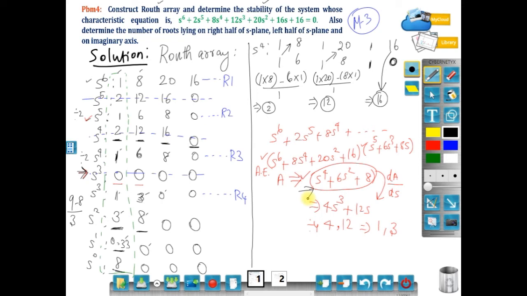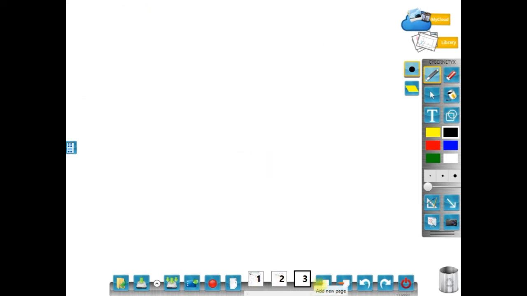Then the very next step is the auxiliary equation, that is S power 4 plus 6 S square plus 8 equal to 0. We need to solve this equation. In order to solve it, I'm going to substitute S square equal to X, for the sake of simplicity.